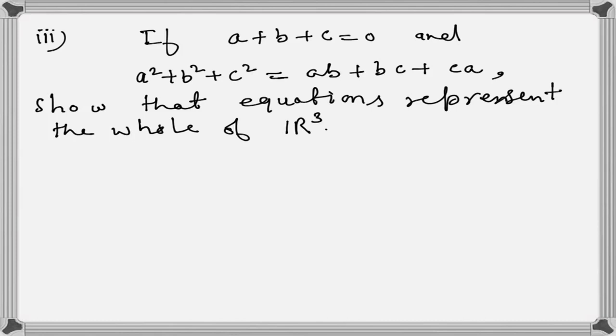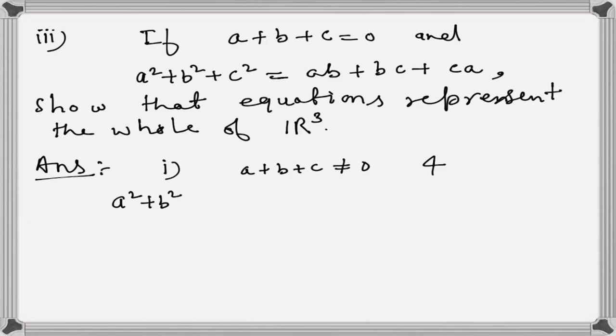Okay, so let's solve this problem. Part 1. Here a plus b plus c is not equal to 0 and a square plus b square plus c square is equal to ab plus bc plus ca.